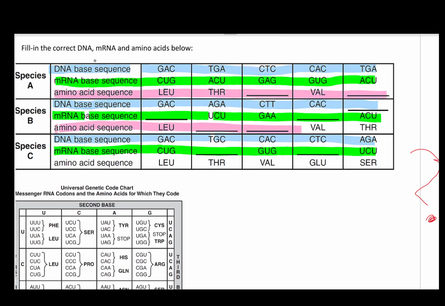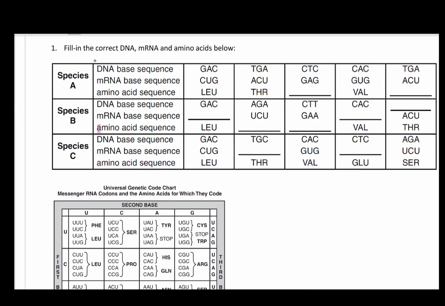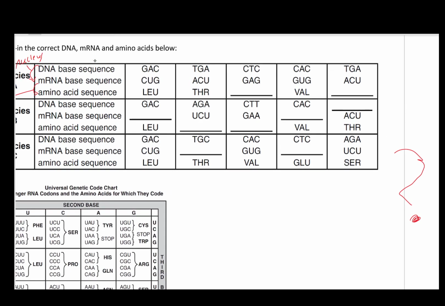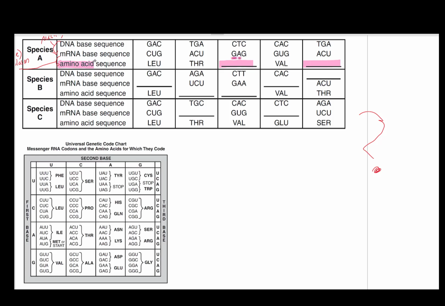You have to find the DNA sequence, make sure they're complete, find the mRNA sequence using the DNA sequence, and then find the amino acid sequence using the mRNA sequence. So DNA to RNA, or DNA to mRNA, happens in the nucleus. And mRNA to amino acid happens in the cytoplasm.